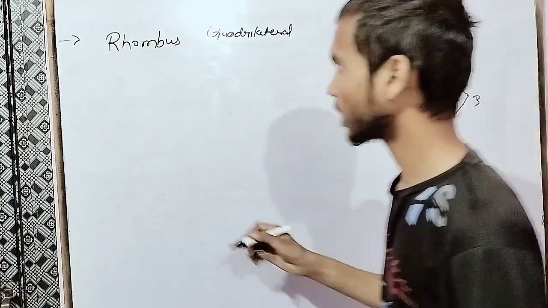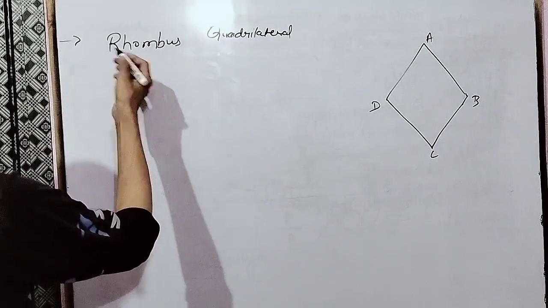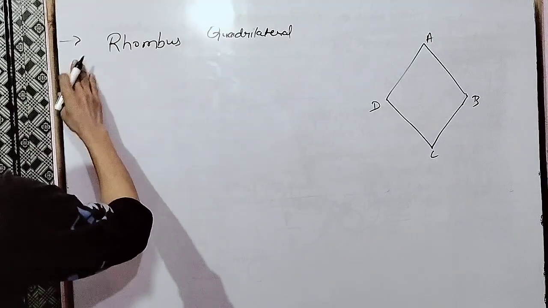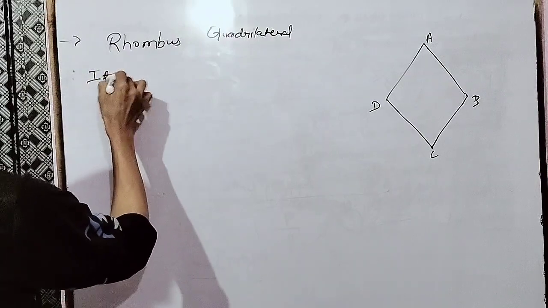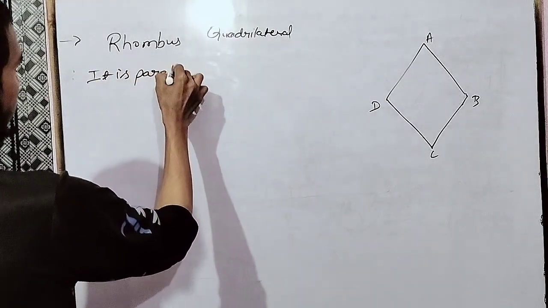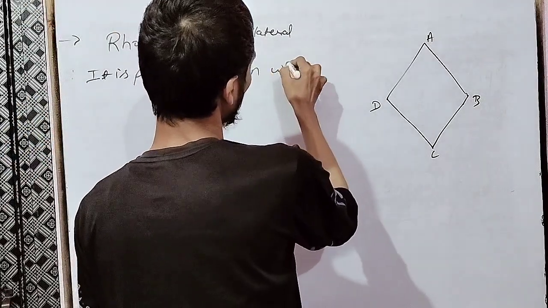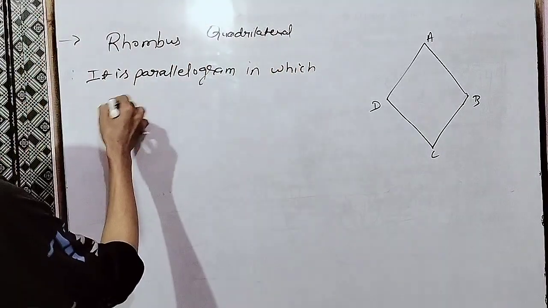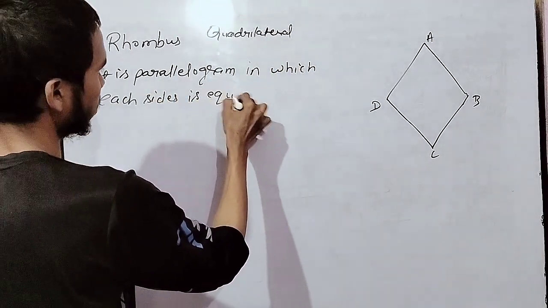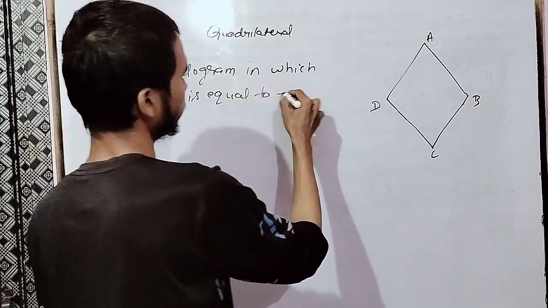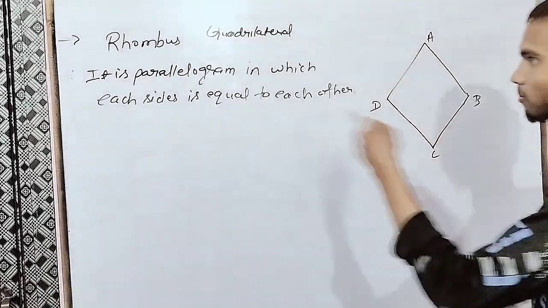A rhombus is a parallelogram in which each side is equal to each other.